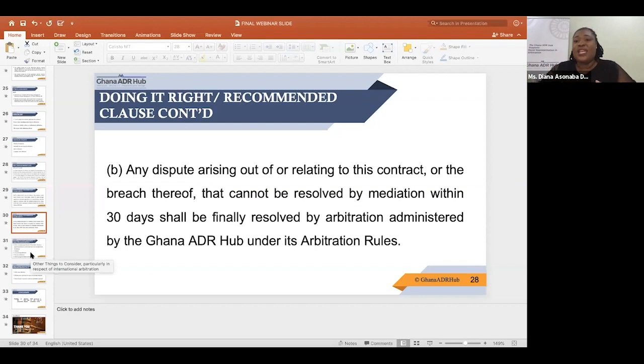What it means is that they should study what the Ghana ADR arbitration rules say on language, on the governing law, the procedural law, etc. So to play it safe, they're saying that we submit totally to the arbitration rules of the Ghana ADR Hub unless we want to change it.